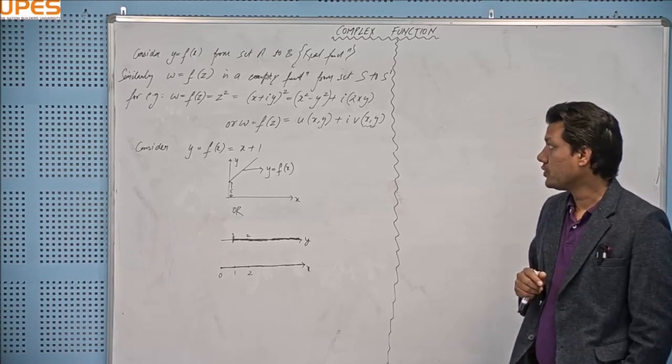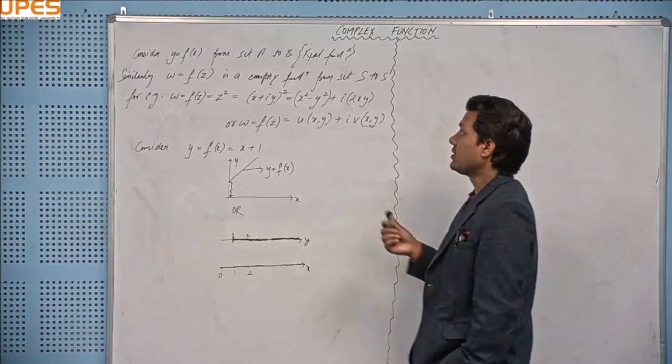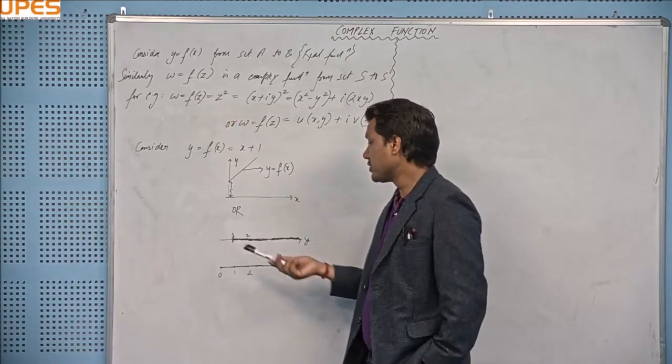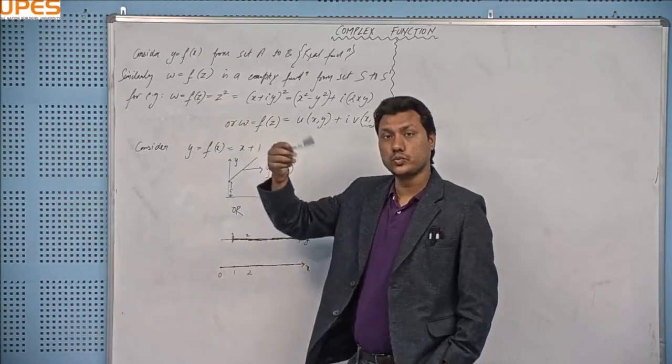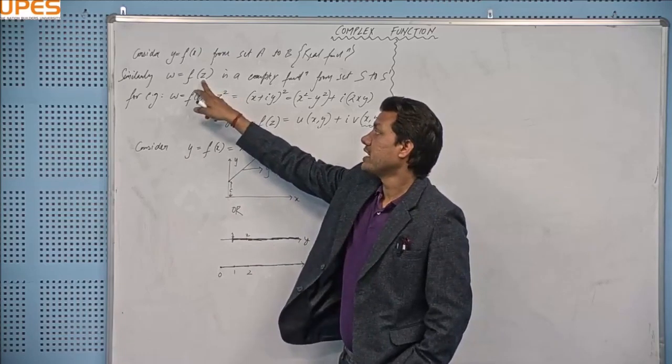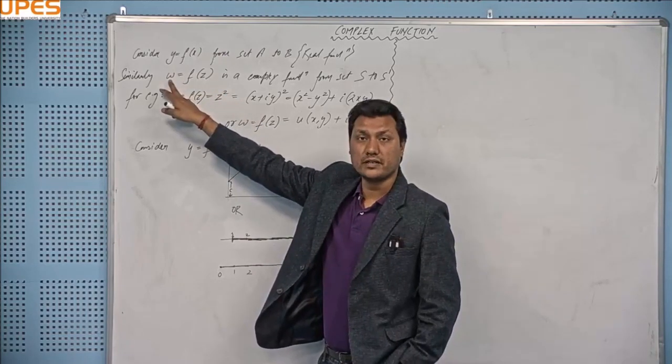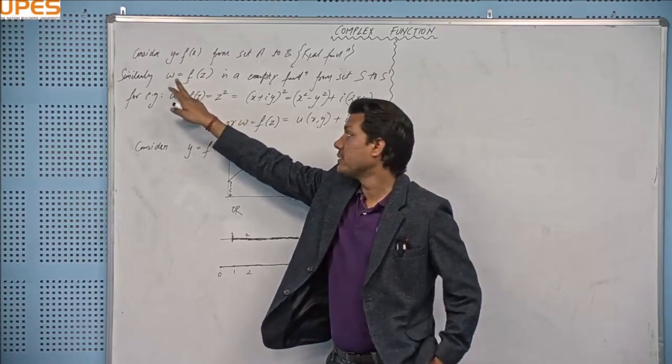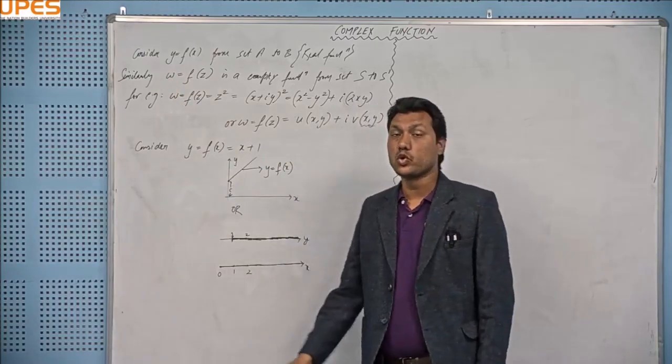So what we'll do, we will draw our complex function just similar to this, right? We'll take 2 planes, one plane z plane and image plane will be w plane. Z plane will be a domain plane and w will be our codomain plane, right?